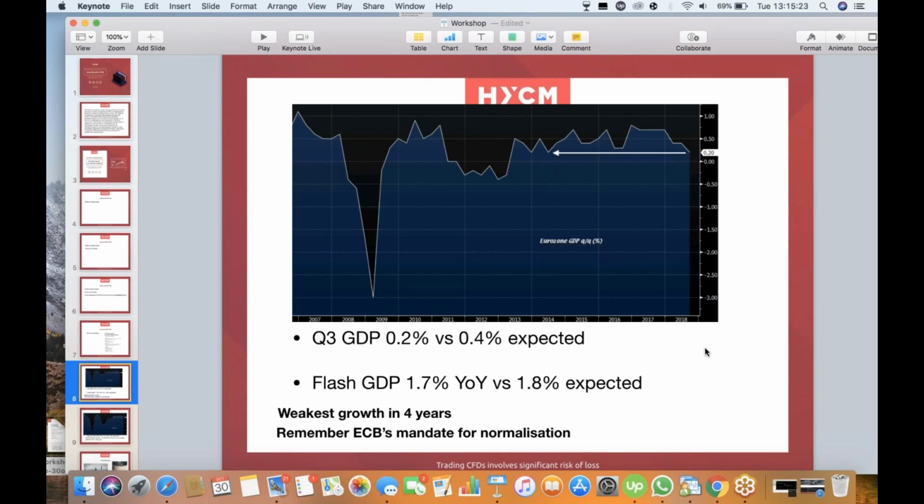If you remember the Eurozone's mandate, they want to normalize their policy as soon as possible. So they're ending their quantitative easing process, which is when the bank prints money. That easy money policy is coming to an end in December, and they're going to be raising interest rates in the summer of 2019.